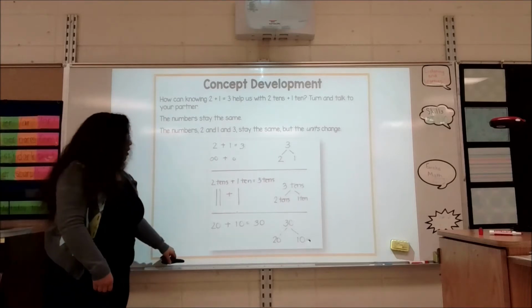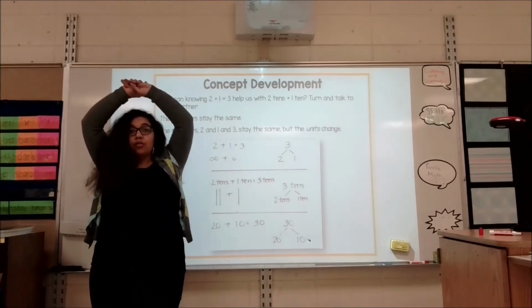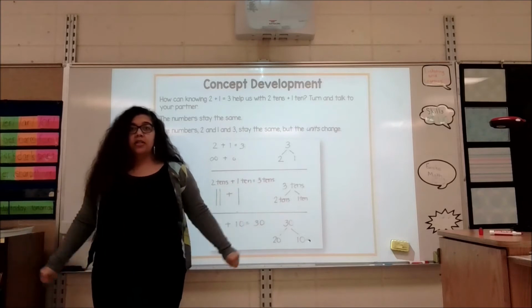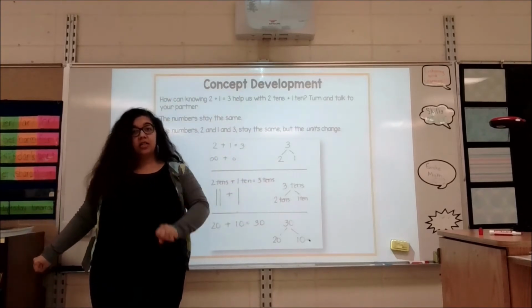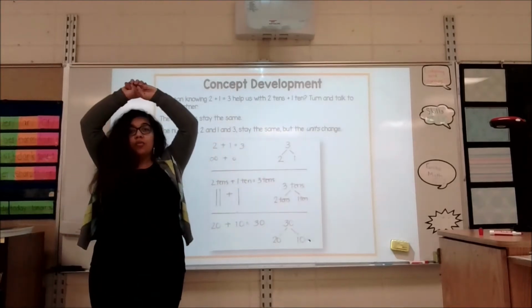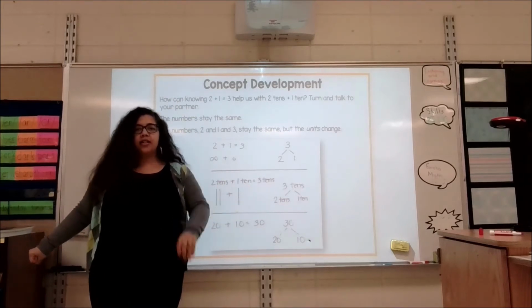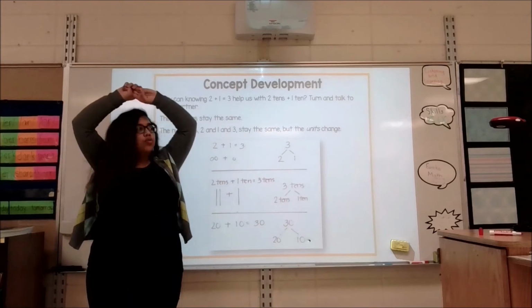So if I say 2 plus 1, you would tell me that's 3. If I have 2 books plus 1 book, you would tell me that's 3 books. If I have 2 tens plus 1 ten, you would tell me that's 3 tens. What about 2 crayons plus 1 crayon? 3 crayons.